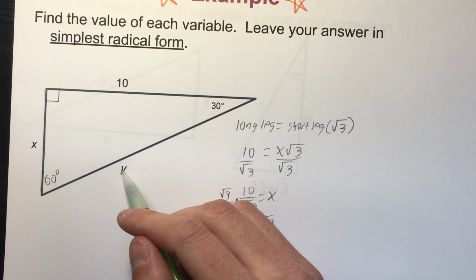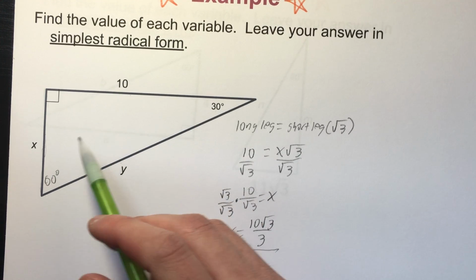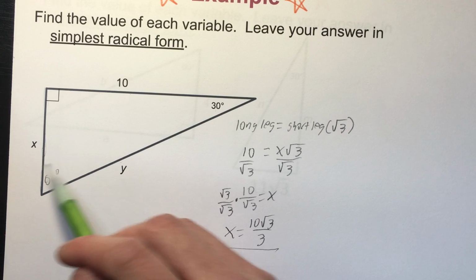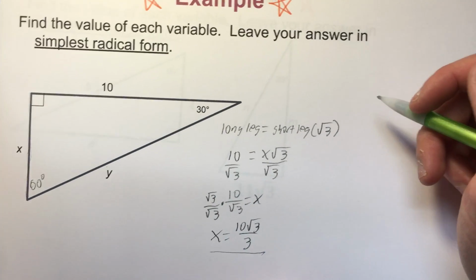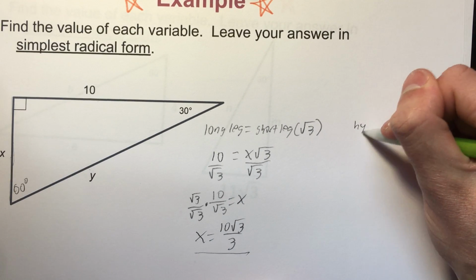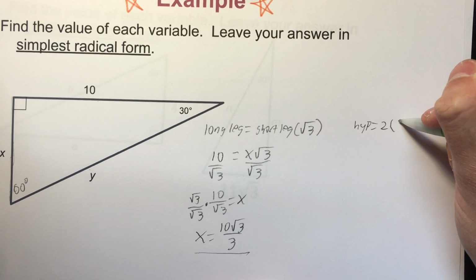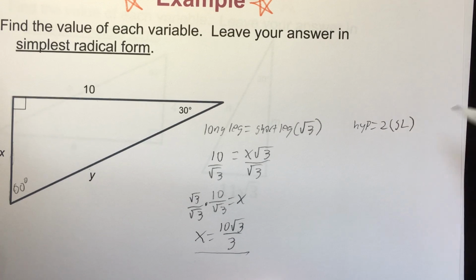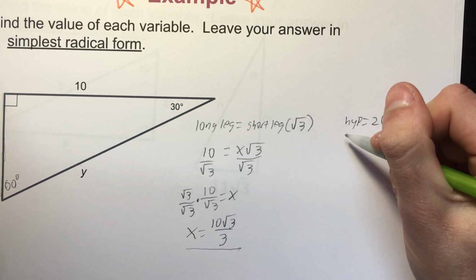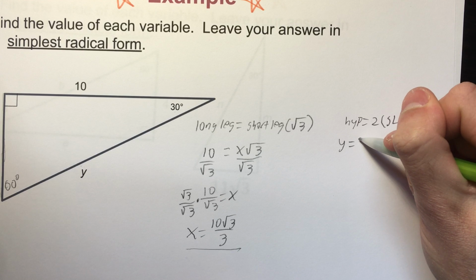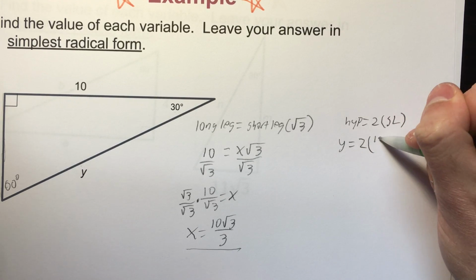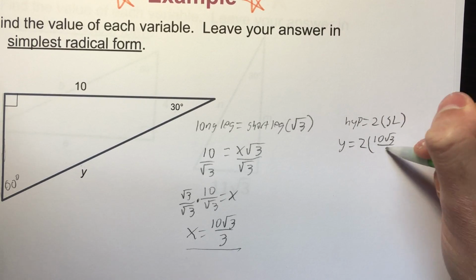Now how do we find y? Well, remember, we just want to double the length of the shorter leg to get the hypotenuse. So I'm going to write the equation hypotenuse equals 2 times, and then I'll just use SL for shorter leg. So our hypotenuse is y equals 2 times 10 root 3 over 3.